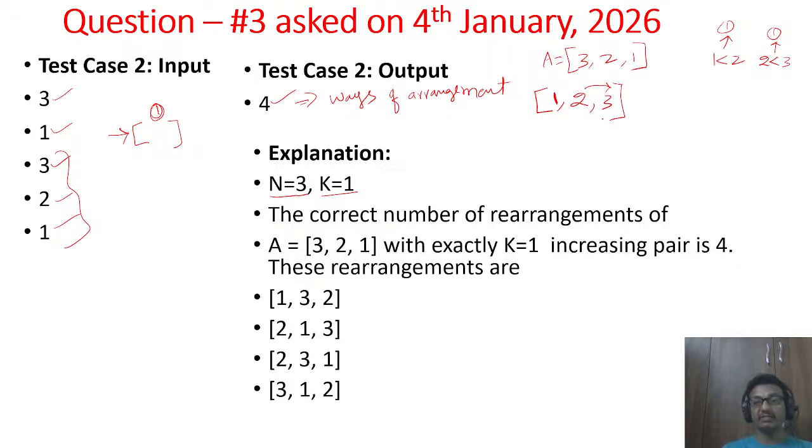If you arrange the sequence in this way, the numbers are increasing in order 2 times, but the k value is given only 1. So you need to arrange the numbers such that the increase will be only 1 time. So you cannot say that this is a valid sequence.